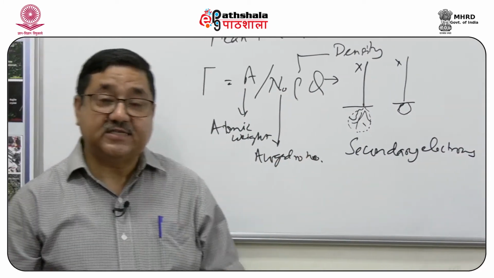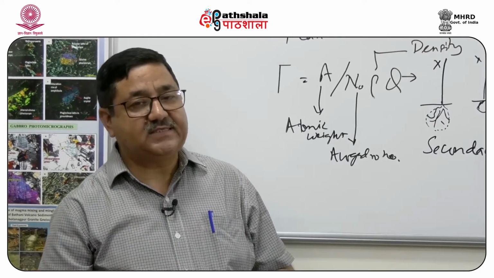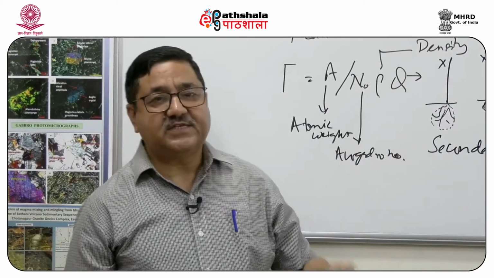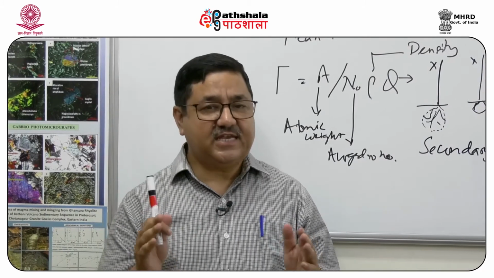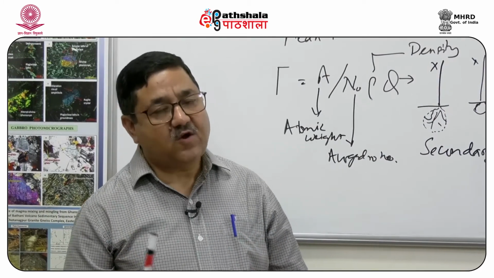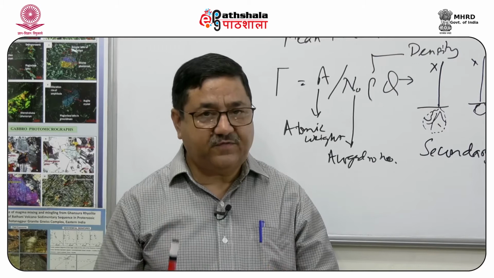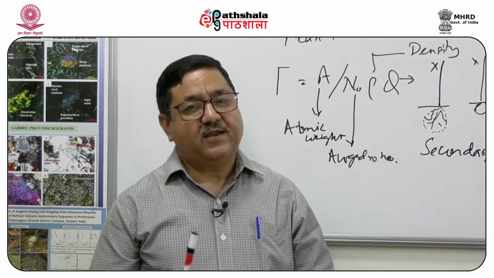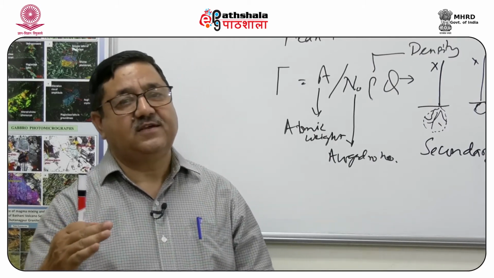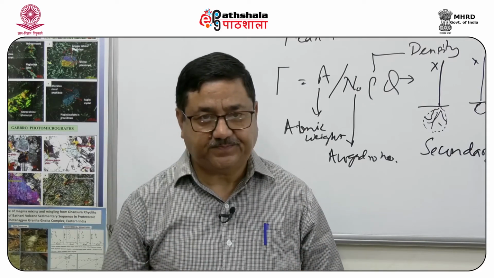These are a result of inelastic scattering, which means that the energy of the secondary electrons is significantly lower, normally of the order of a few electron volts and not going beyond 50 electron volts in most cases.